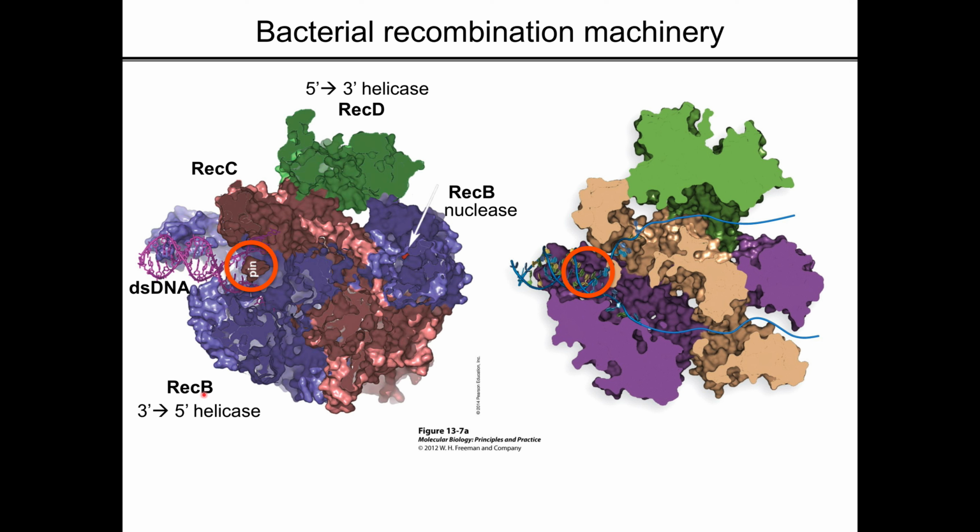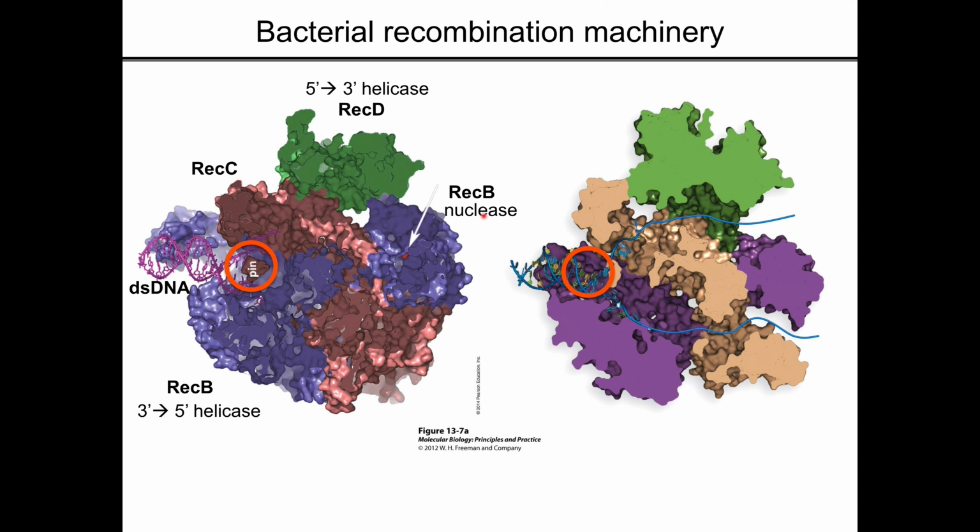So that tells you that the RecB helicase domain is going to function 3' to 5' to pull this strand of DNA through, while RecD is going to work on the complementary strand, pulling 5' to 3'. Now RecB has an additional domain called the nuclease domain.